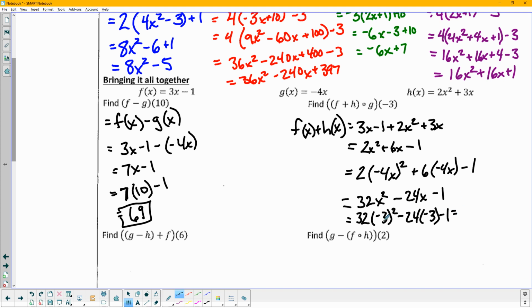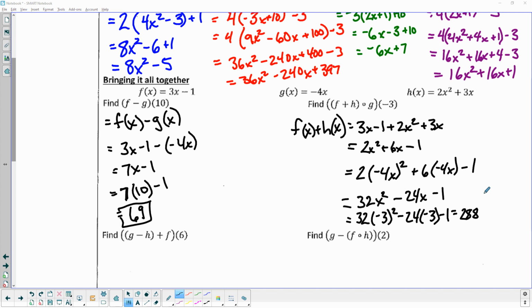And sorry, I'm trying to speed up a little bit. So I've got 9 times 32. I don't know off the top of my head. 288. So that's going to be a positive 288. And then 24 times negative 3.